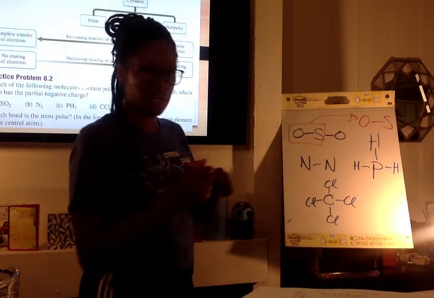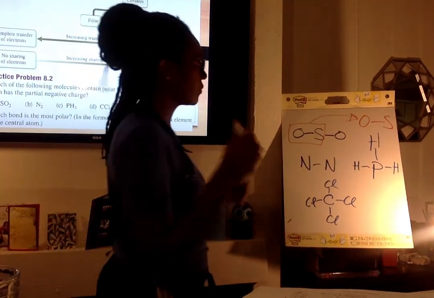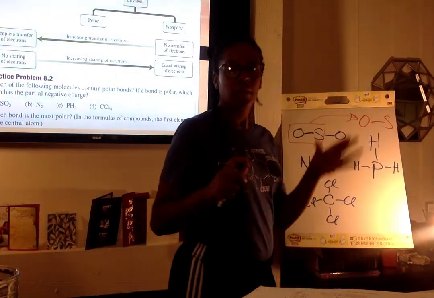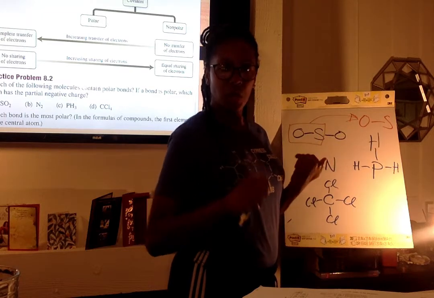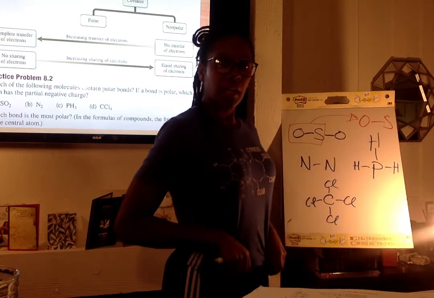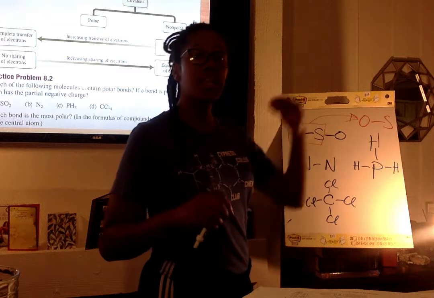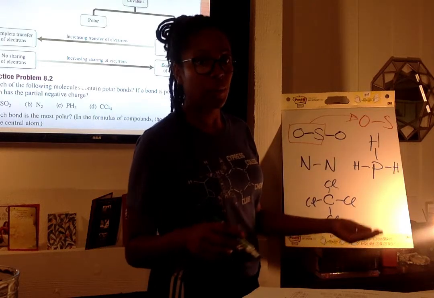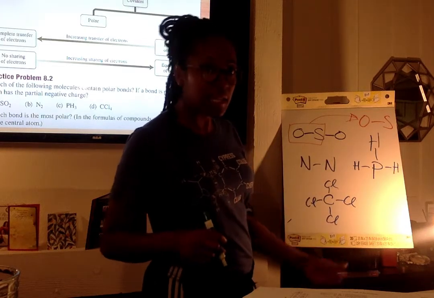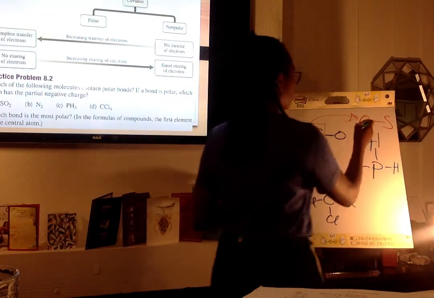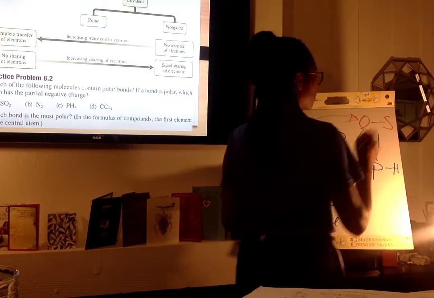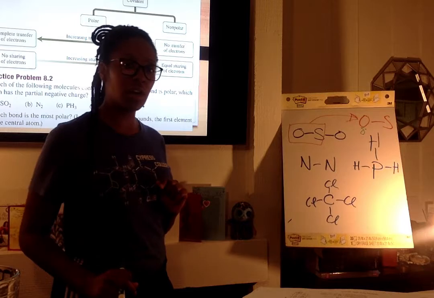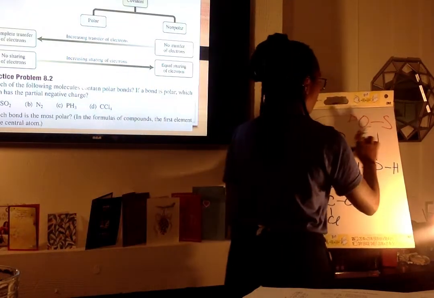So what would you think the partial charge of oxygen would be? It's going to be the one that's more electronegative, so it's going to get the partial negative charge. You put your partial negative charge with the oxygen.